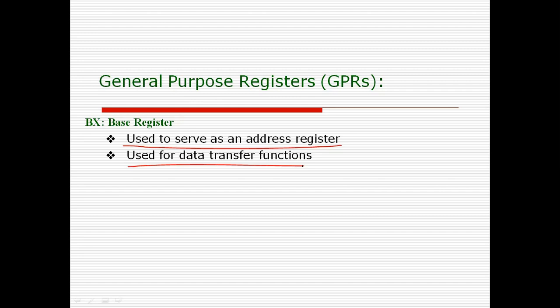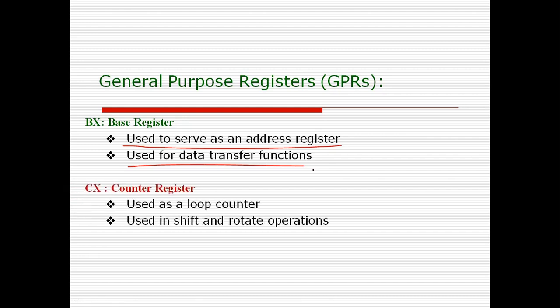So remember here, the BX register can act as an address register as well as a data register. If it is used as an address register, it will be used to hold the offset for the stack pointer, for stack operations. And the second one is that it can be used for data operations here. So that is BX.